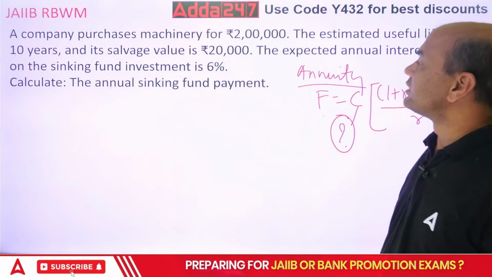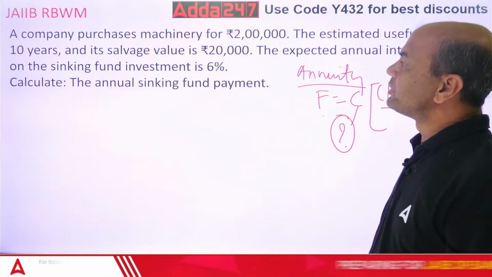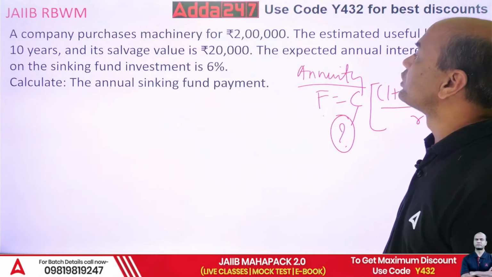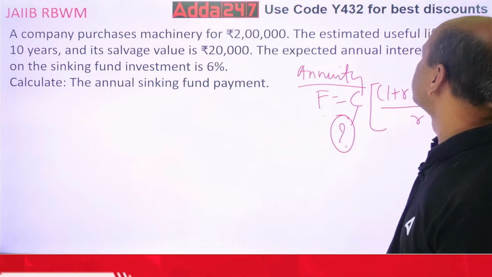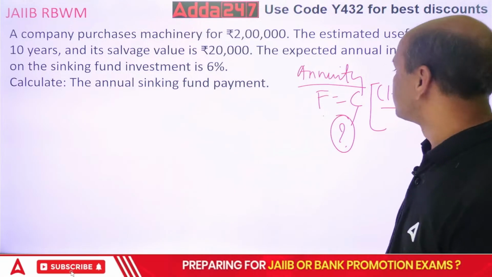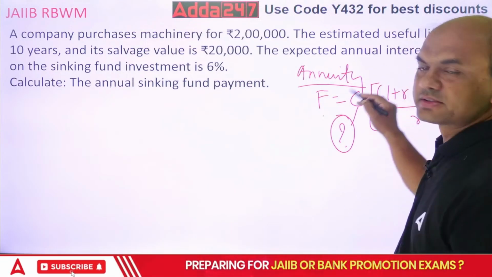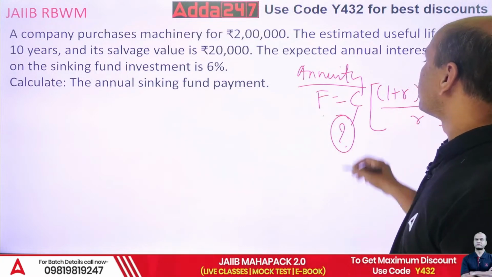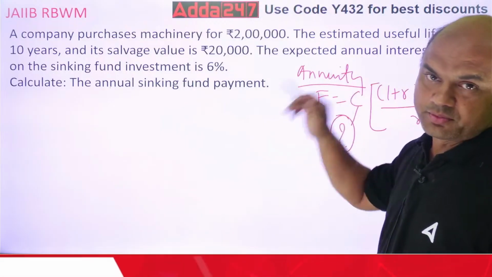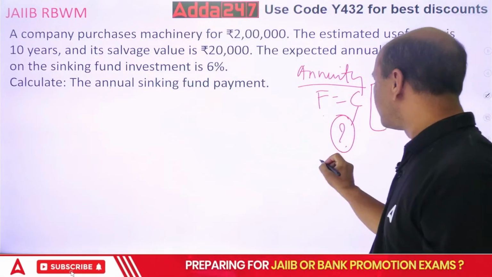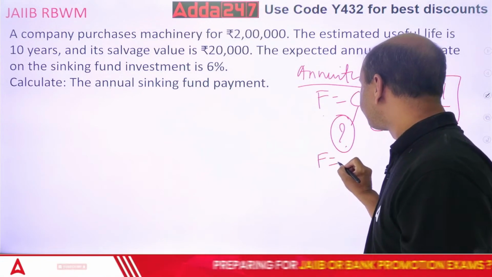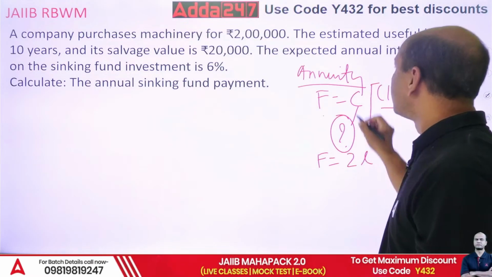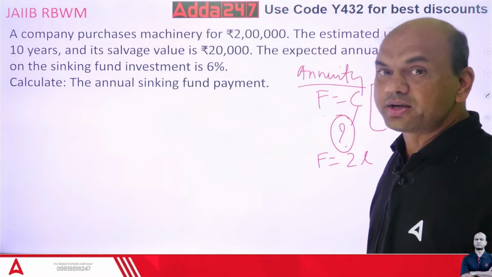So what is given? The company purchases machinery for 2 lakh. The estimated useful life is 10 years. So let's start writing all these things. First, what is F? The end value. F equals, kindly note, 2 lakh minus 20,000.